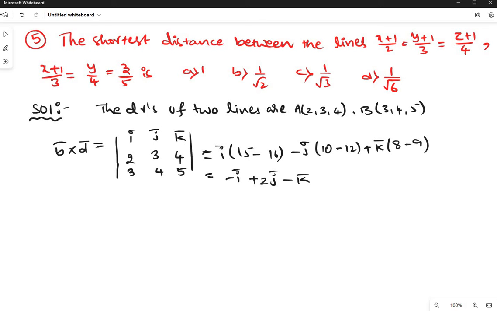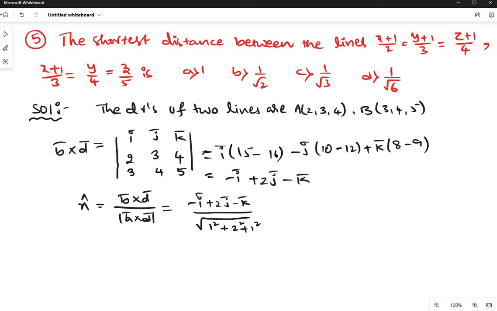Now this is the shortcut I am going through. n cap is the unit vector, so b bar cross d bar divided by the modulus of b bar cross d bar. That is equal to minus i bar plus 2j bar minus k bar divided by the square root of 1 square plus 2 square plus 1 square.